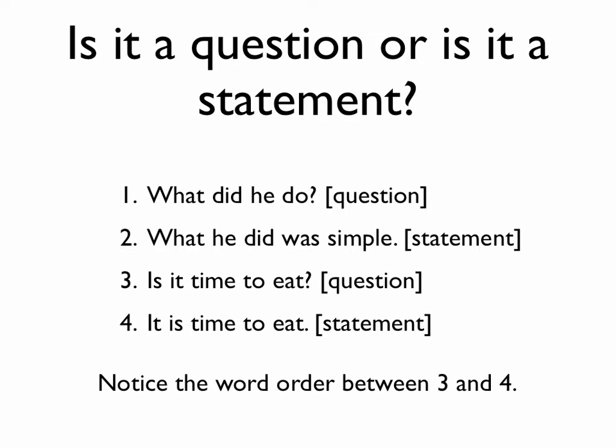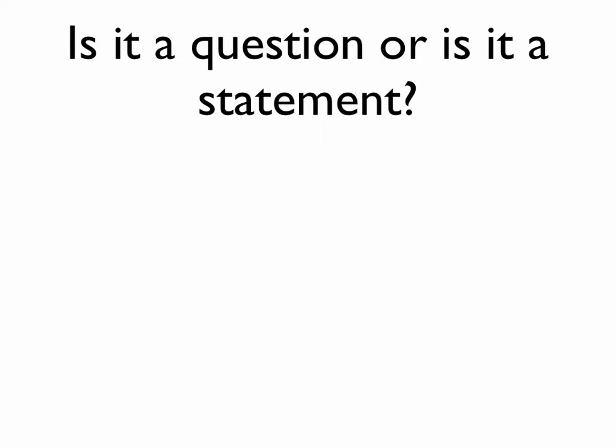Notice the word order between 3 and 4. There's only a slight change there in that number 3 starts with is it and number 4 starts with it is. Okay, so switching the subject and the verb for the word order. Obviously, also you have different punctuation at the end with a question mark instead of a period for the question.